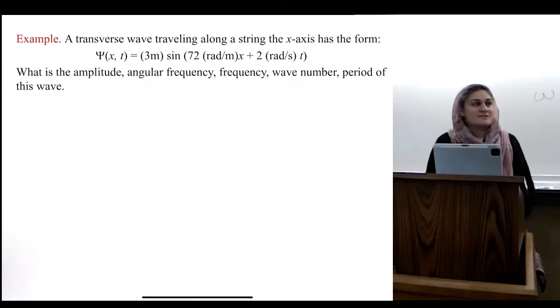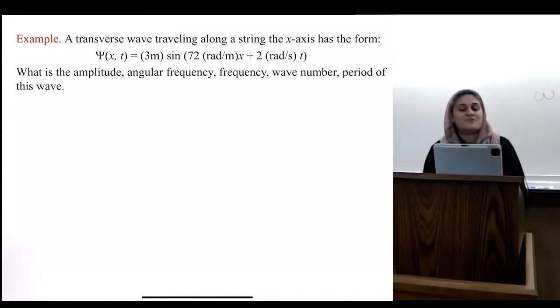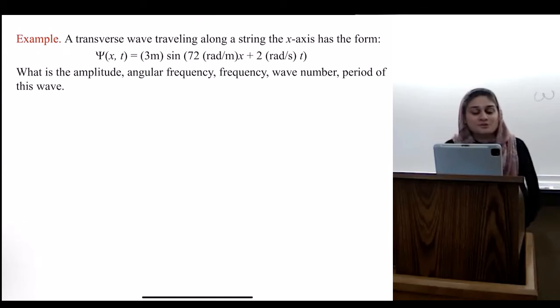Now I'm going to give you this. And I'm going to ask you, a transverse wave traveling along the string in the x direction has a form of this scary looking thing. What is the amplitude, angular frequency, wave number, and period of this wave? What I want you to do, if you get a question like this, is write it as this.